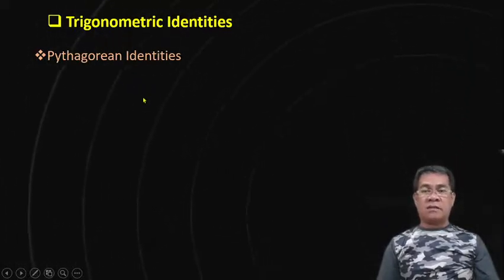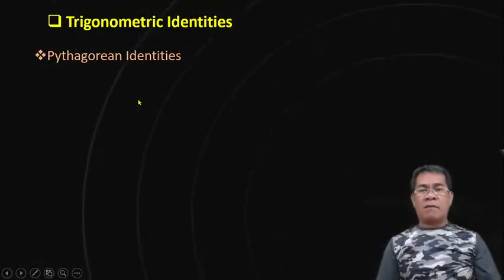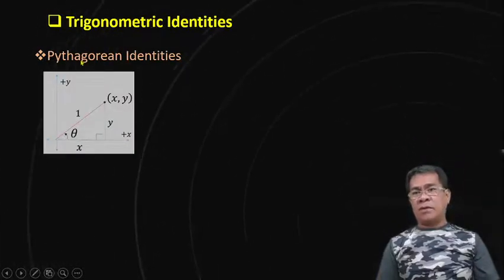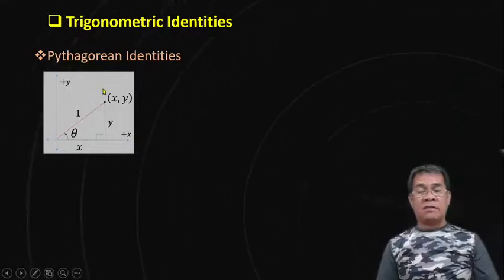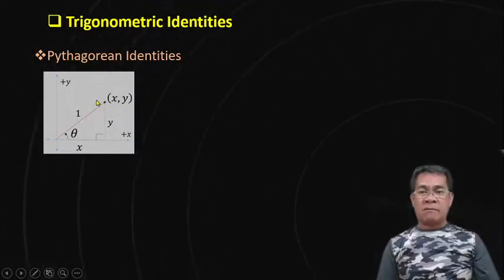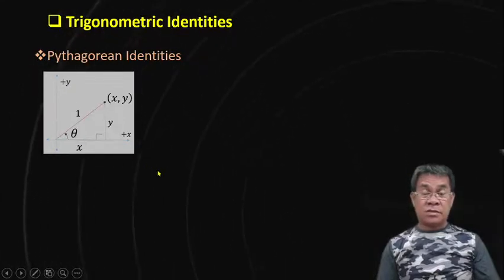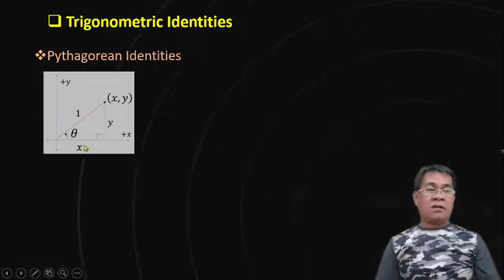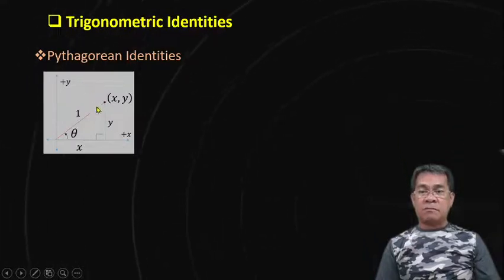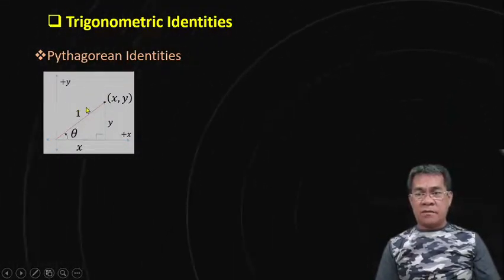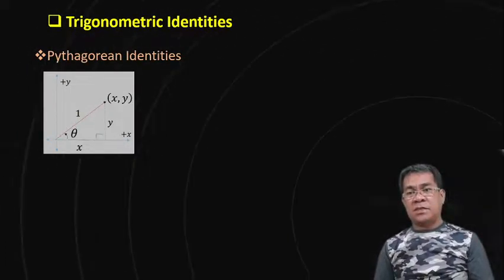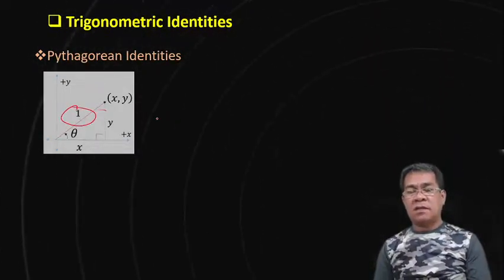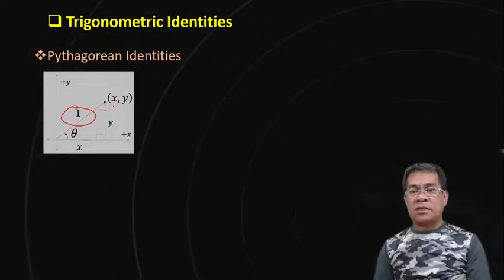Okay, so let's start deriving the Pythagorean identities. Now, from the word Pythagorean, we need to use the right triangle. And the right triangle comes from the principle of the unit circle. So please refer to the previous video. In a unit circle, which means we have a radius of 1, at the angle theta, the coordinate of the point is x and y.